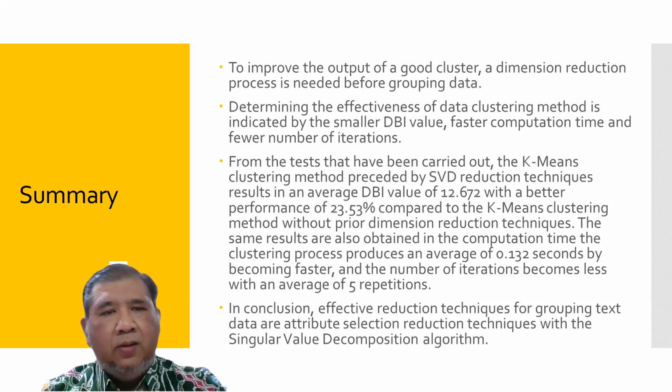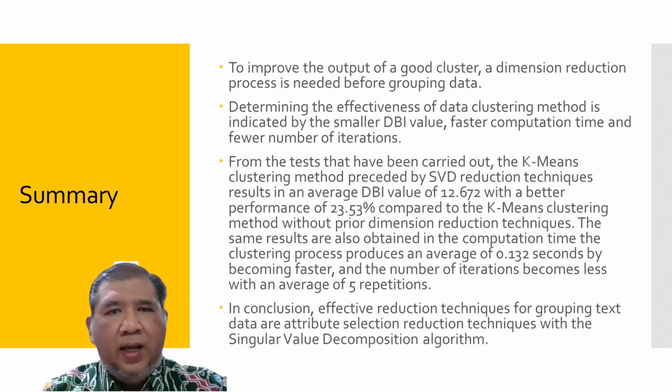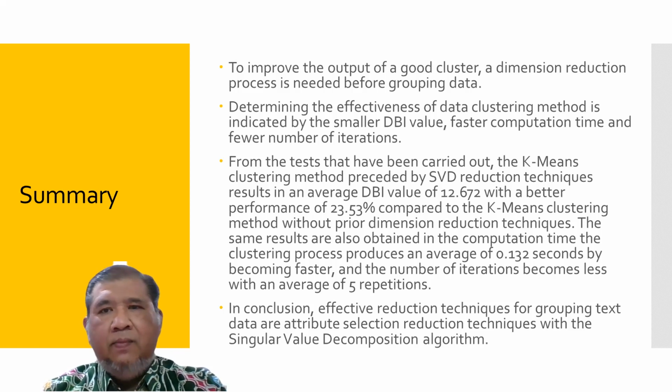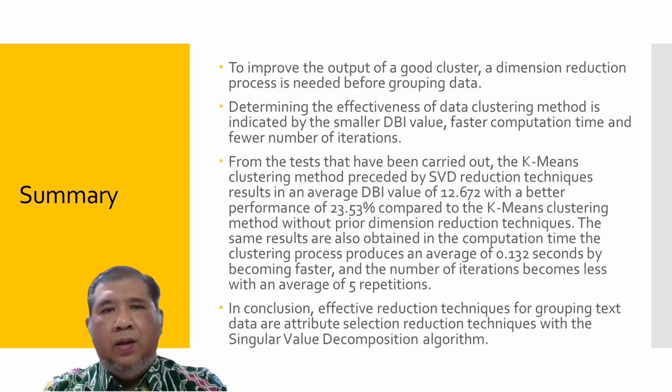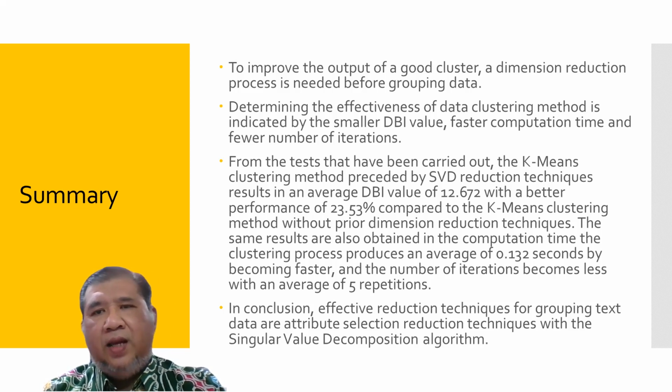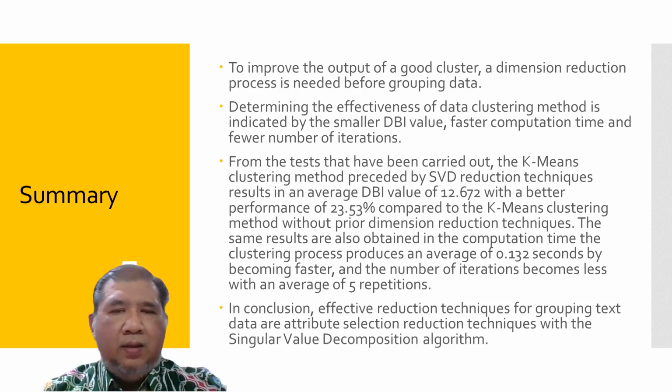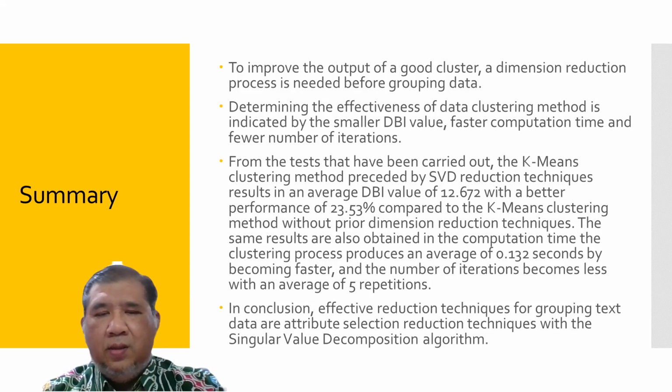So the conclusion from this research, we understand that to improve the output of a good cluster, a dimension reduction is needed before grouping the data. Here we determine the effectiveness of the data clustering method indicated by DBI value, that is, a smaller DBI value, faster computation time, and fewer number of iterations.